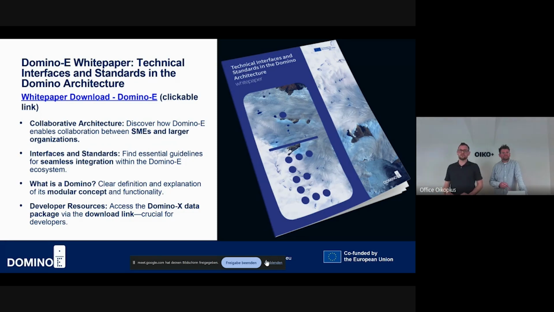You can download that white paper from the DominoE website. You find there not only the standards and the interfaces, but also a description of what exactly a domino is. Also the presentation, or parts of the presentation, that has been shown today by Jean-François are to be found in this white paper.